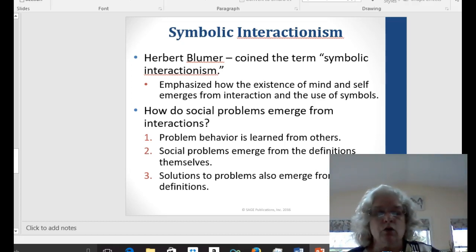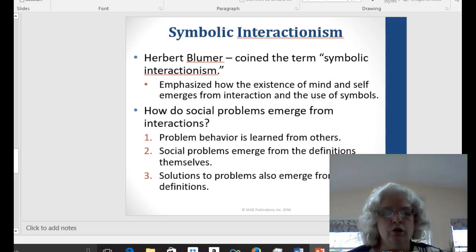So, how do social problems emerge from interaction? Problem behavior is learned from one another. So we look at crime, and how do you learn to be a criminal? We send someone to juvenile hall and they come back an even stronger criminal as we learn that, or they learn from their parents as we look at parenting skills.